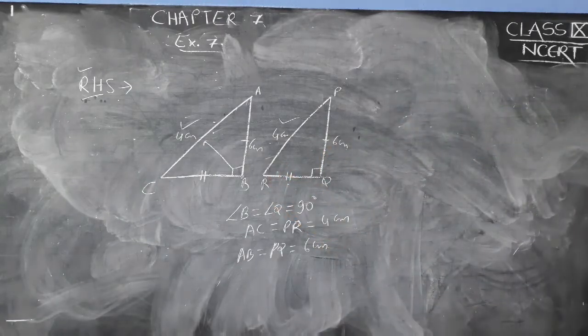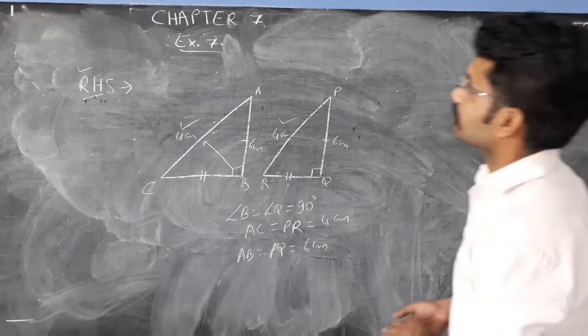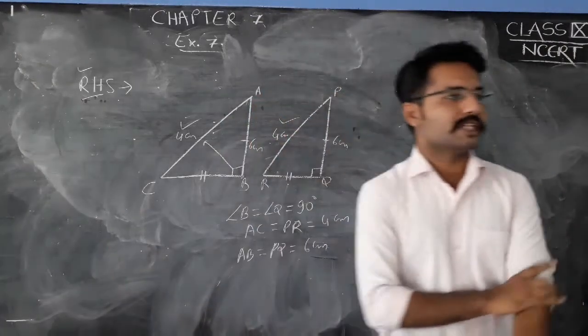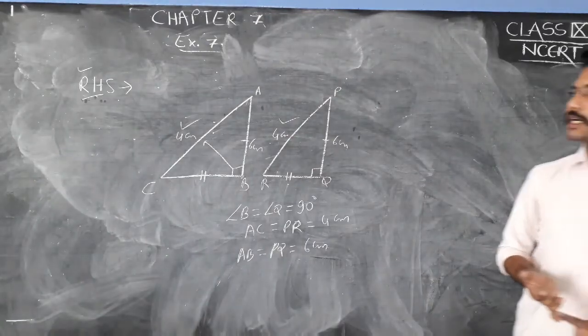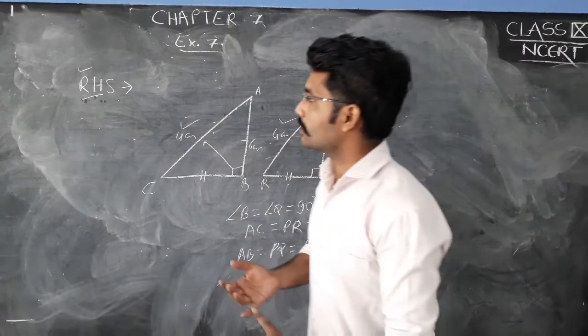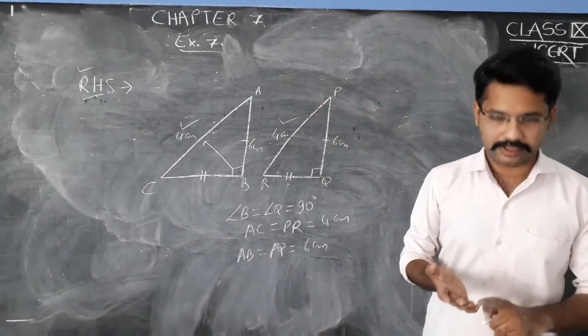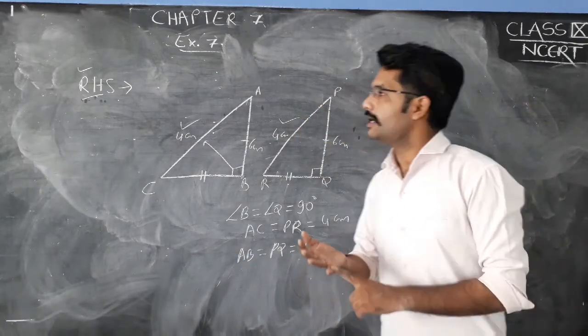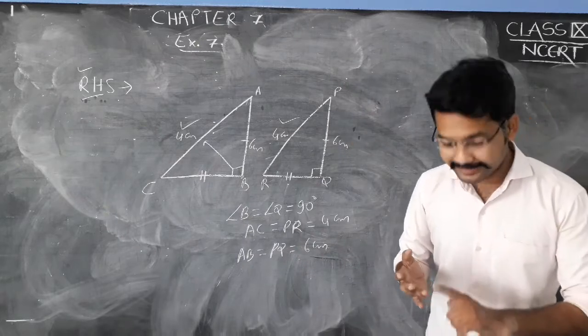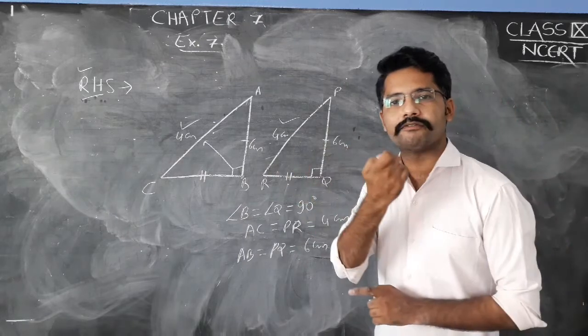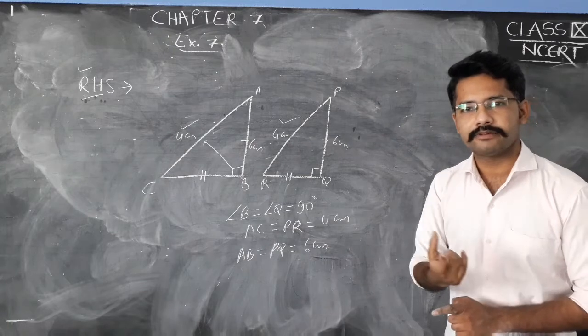Okay, so this was the introduction part of chapter number 7. What we have learned: side angle side, angle side angle, RHS and side. In side angle side, two sides and the angle included between them should be equal.